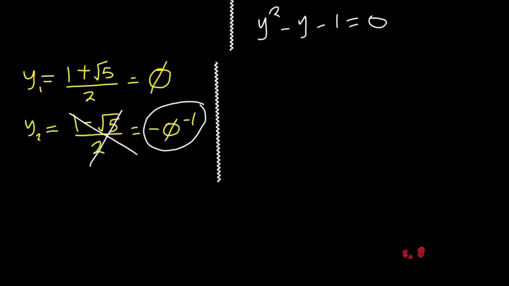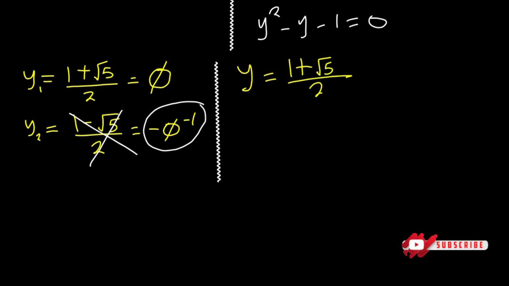So therefore the only solution that we can have is y equals 1 plus square root of 5 over 2, which is phi. So let's substitute back our value. Then we'll say 3 over 2 all to the power of 1 over x equals the golden ratio, which is phi.